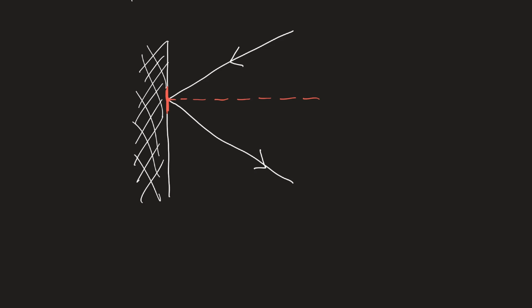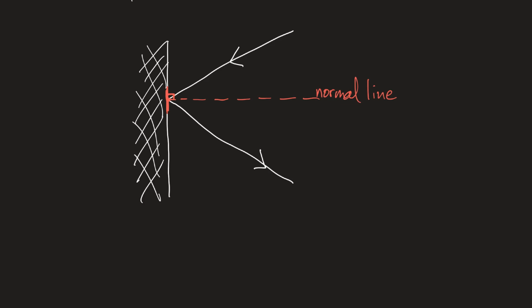So here, this angle is 90 degrees. And this is called a normal line. We're going to talk a lot about normal lines, but anytime you have reflection or even refraction, you need to figure out where that normal line is. And a normal line is always 90 degrees from the surface that the light touched.